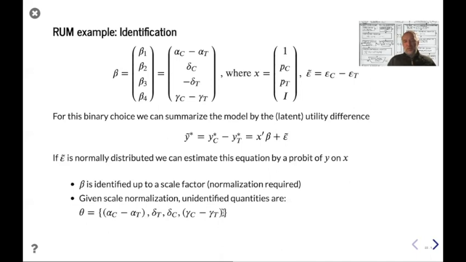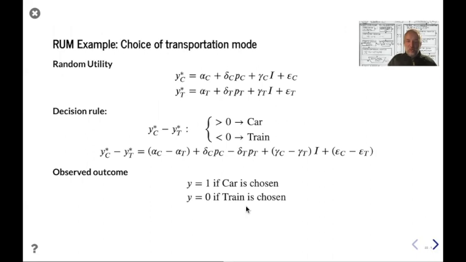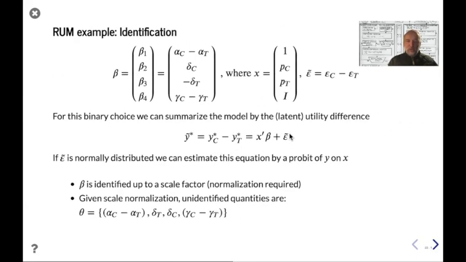If you make the normalization that the last alternative is 0, which is essentially what we are doing if we are estimating a probit of y on x, that would be like saying in a random utility framework that the net utility associated with train is 0. Then our coefficients would mean the coefficients measured relative to that outside alternative that we have normalized against.